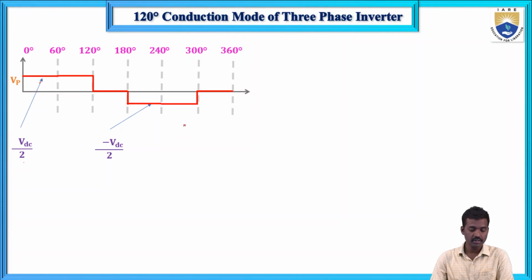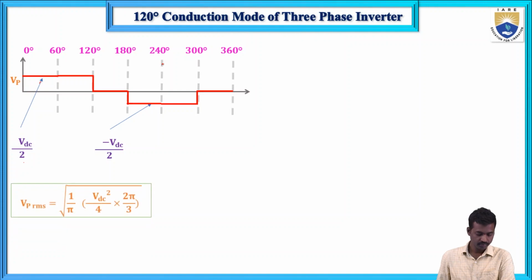We already discussed, we know very well this RMS value. Square the waveform, take the square root. If you take only half cycle, this is a symmetrical waveform, so if you square it, no problem, take the 1 by pi.